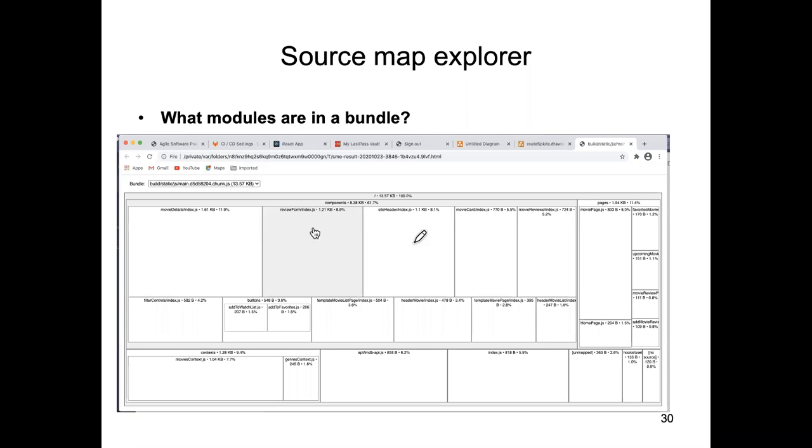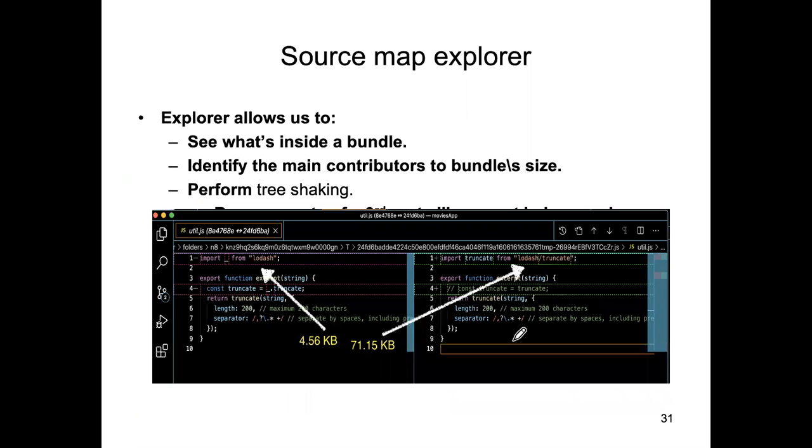I actually ran it on the Movies app, so you recognize some of the file names here. What this tool allows you to do is see what's inside a bundle. That's fine, but if that's all it does, there isn't a whole lot of use to it other than it's interesting.